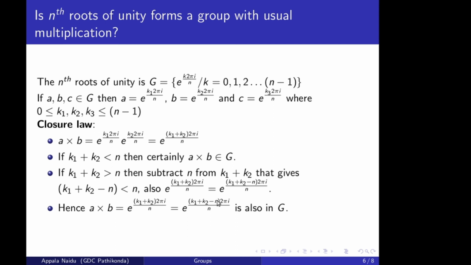This will be in G. So in any case, if k1 plus k2 is less than n, then a into b is in G. If it is greater than n, just simply subtract n from k1 plus k2, that will be same as this one. This element is in G. In both the cases, the product is in G. Hence, G satisfies closure law with multiplication.